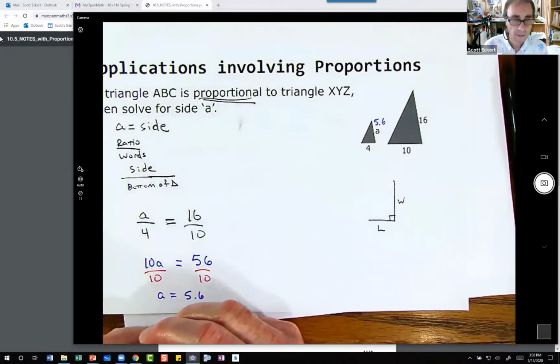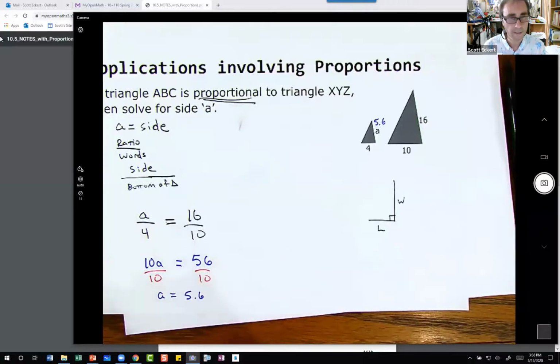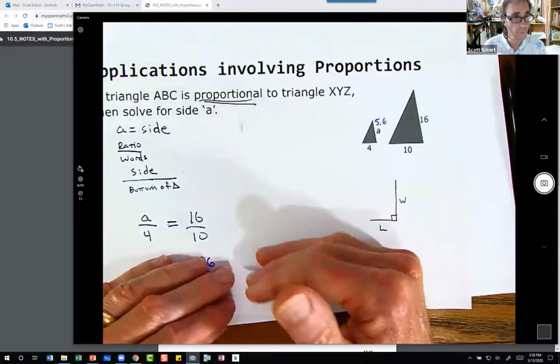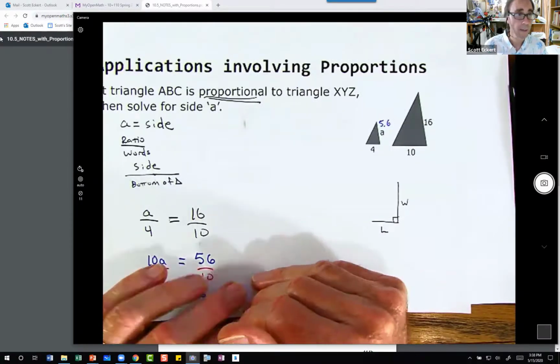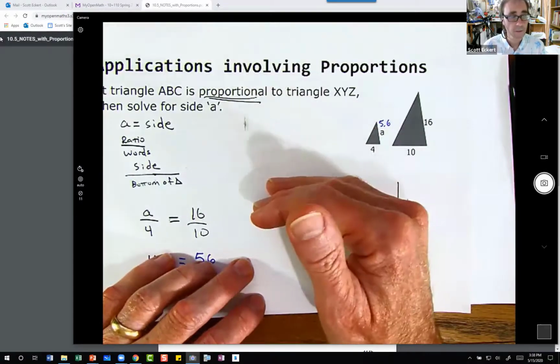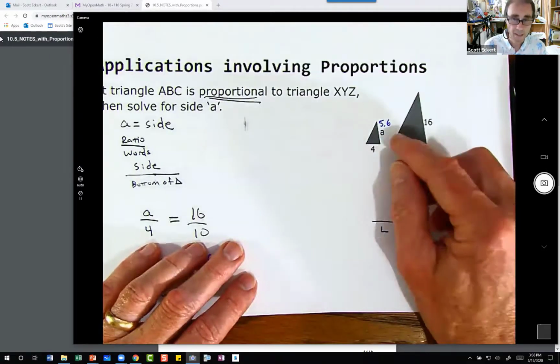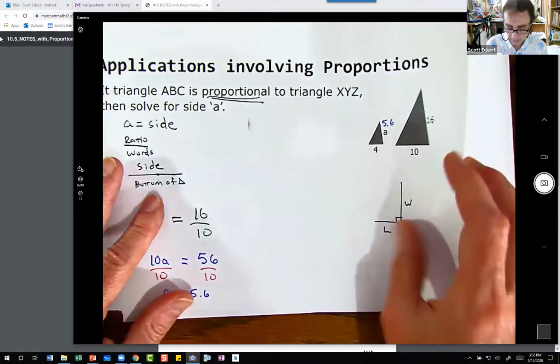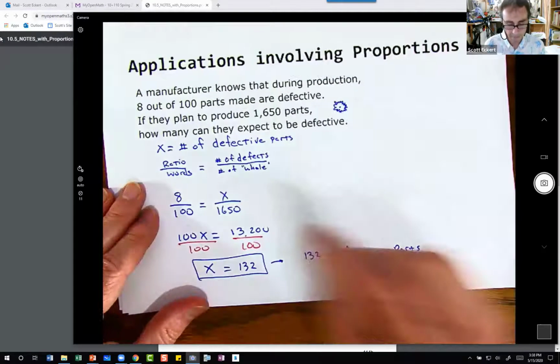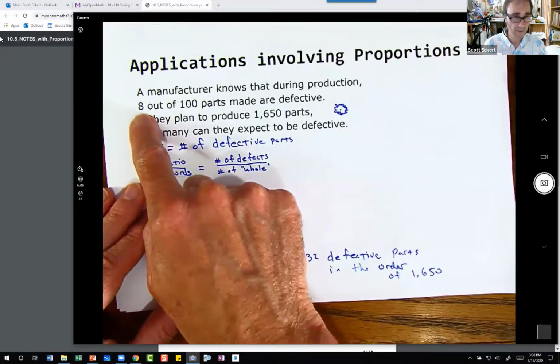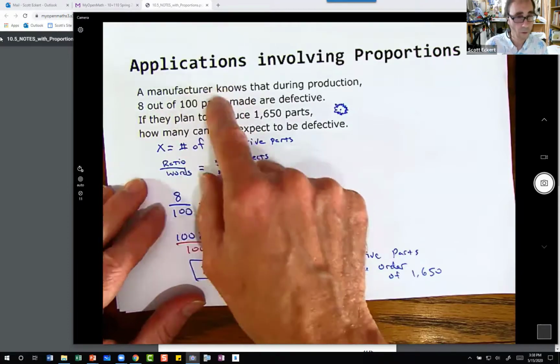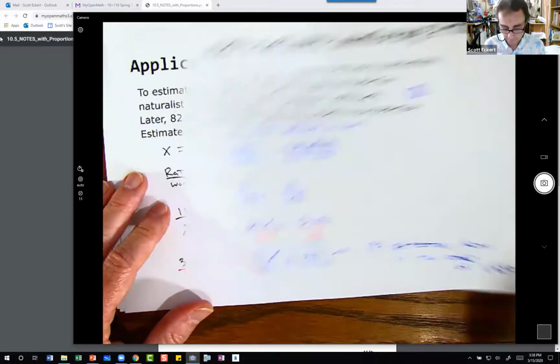So ratios are usually comparisons of two different things that we're relating together, like miles per hour when we do slope. We're comparing miles to hours. Here we're comparing side to bottom. Here we're comparing defective parts to all of the parts in the box.